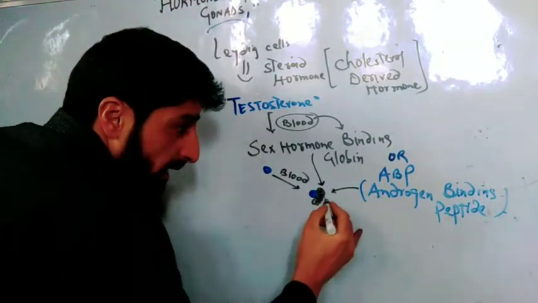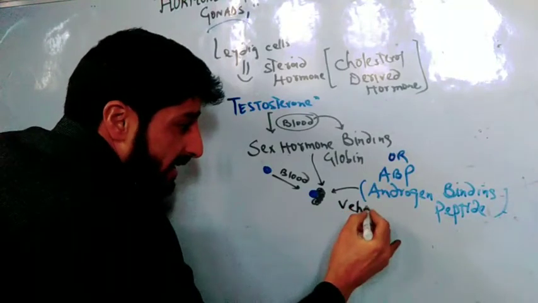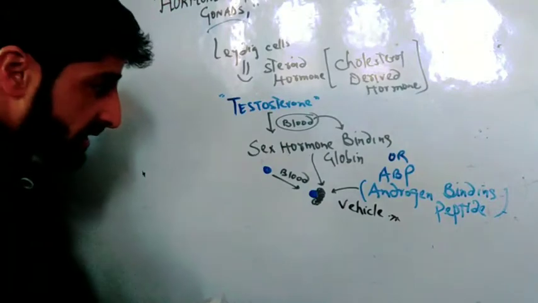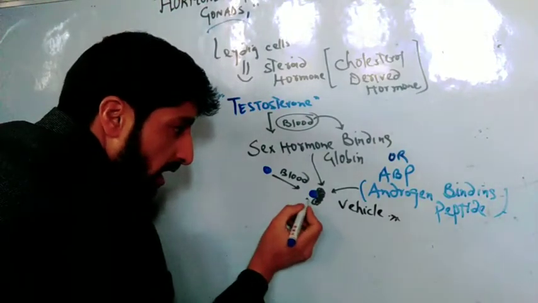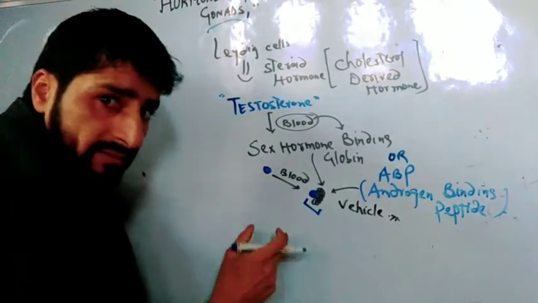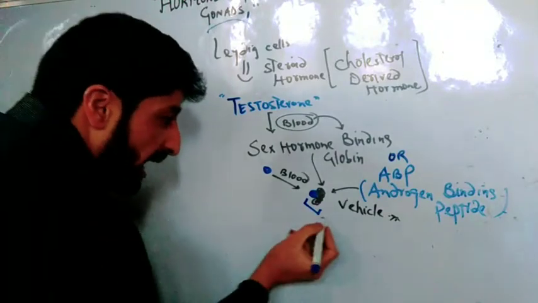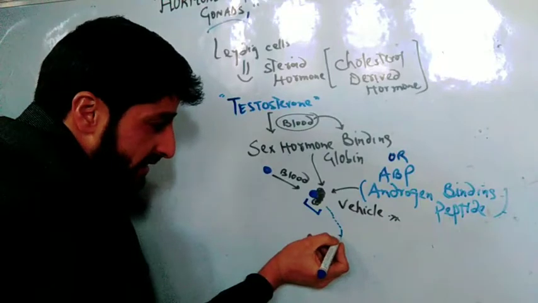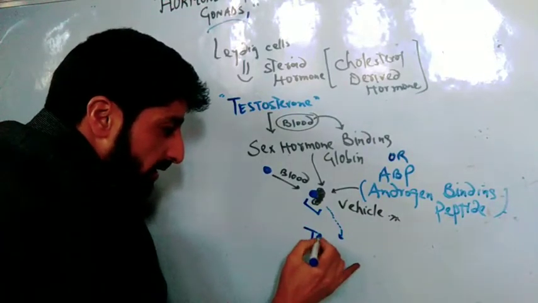This sex hormone binding globulin acts as a carrier or vehicle for the transportation of testosterone. The hormone and protein form a loose bond and are carried through the blood up to the target organ.